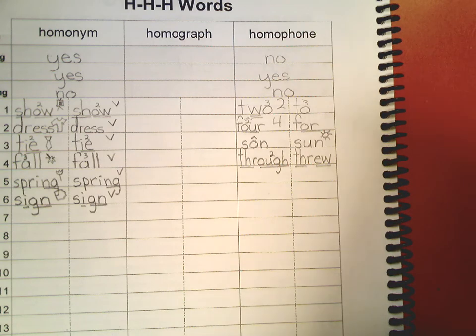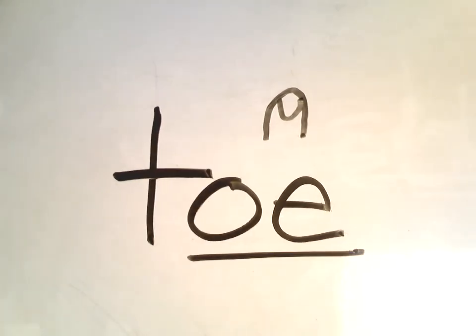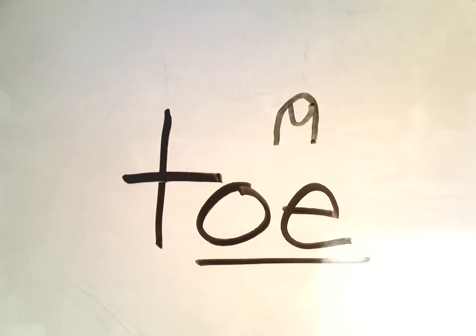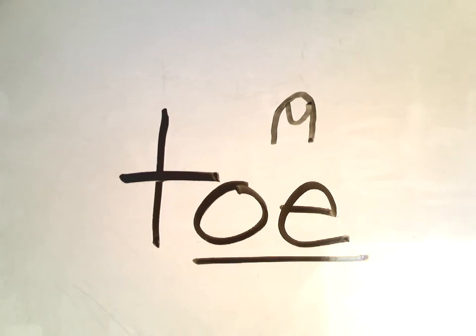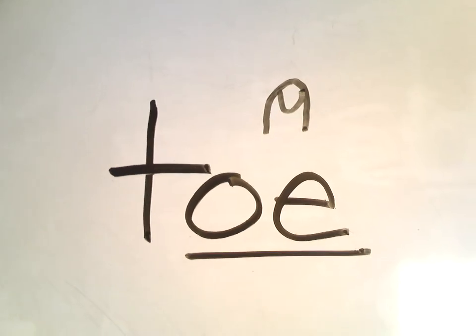All right, and then next to it, first I'll let you check. I drew a little picture of what would remind me that that was that kind of toe. Hopefully your picture might look better than mine, but again, it's not for art, it's just for helping us know which kind of toe that is.